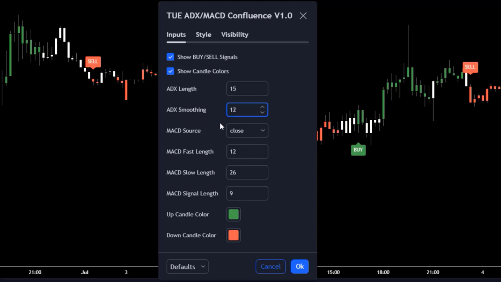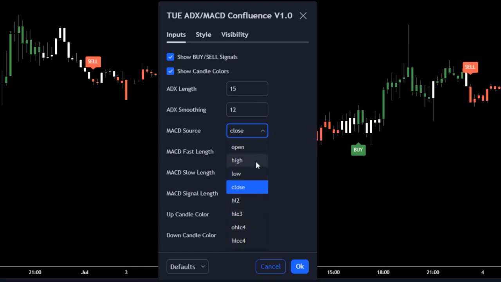Now, let's discuss the third parameter, which is the MACD source parameter. This parameter allows us to select the data source used for the Moving Average Convergence Divergence, MACD calculation. By default, the MACD source parameter is set to use the closing price. This means that the MACD calculation is based on the closing prices of the asset.